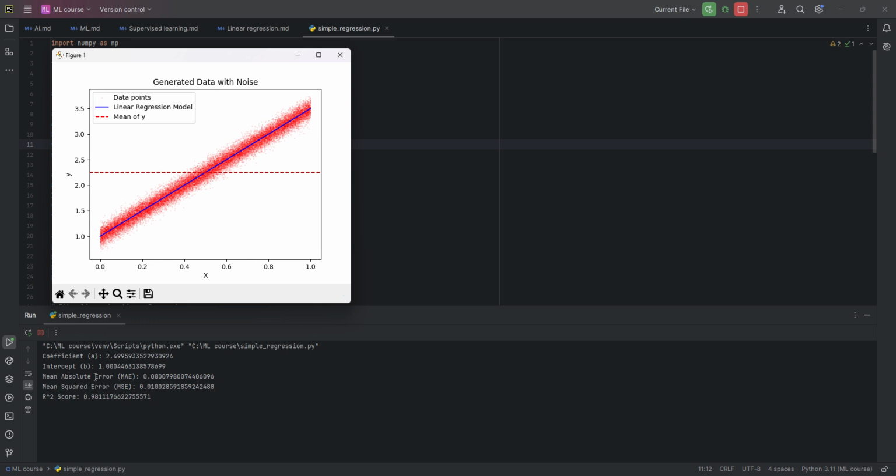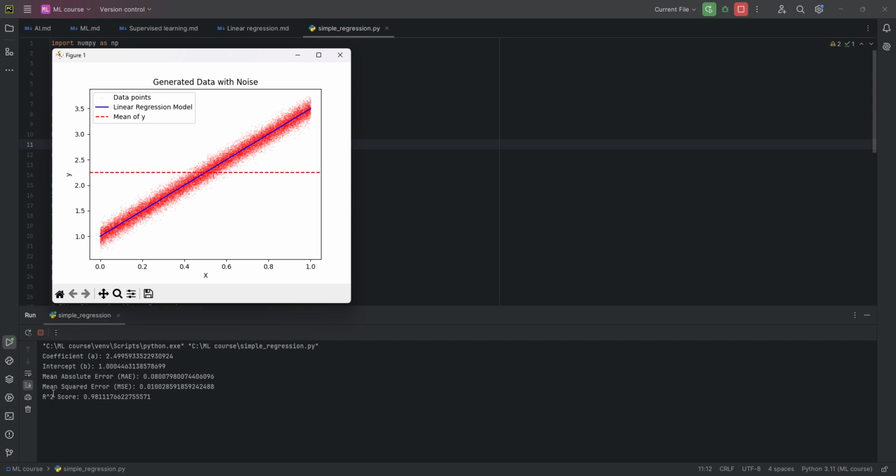And you can see that the MAE is 0.08 now. The MSE is 0.01, and R2 is 98%.